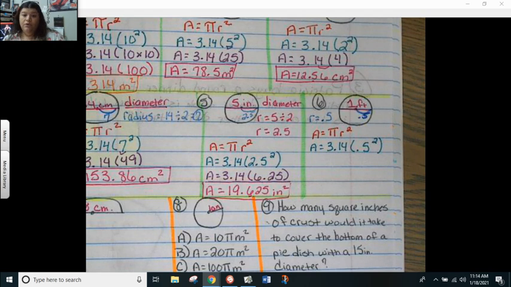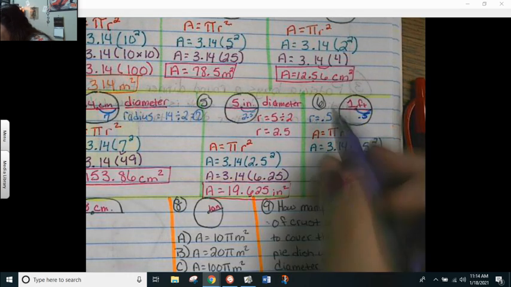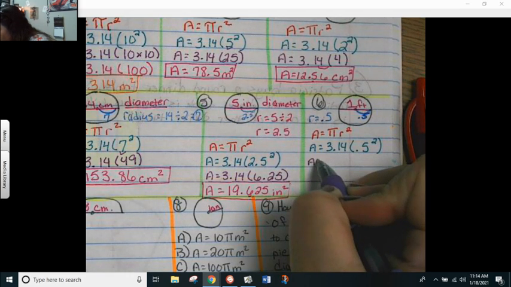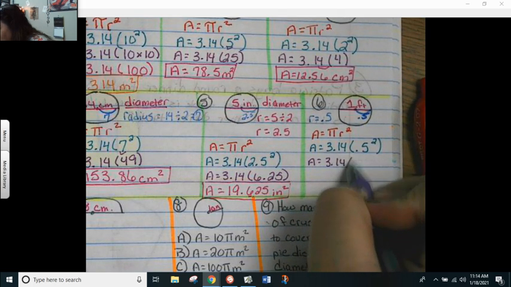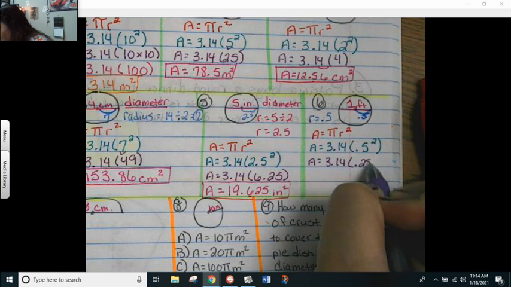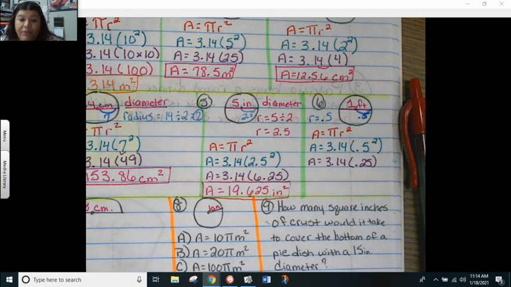Okay, so 0.5 squared, I forgot to change my pen, is going to be, I know it's 25, but I have that decimal, so it's going to be 0.25, 25/100, okay? Because 0.5 times 0.5 gives me 25, but there's 2 decimal places I have to move, okay? So definitely be careful with those decimals.